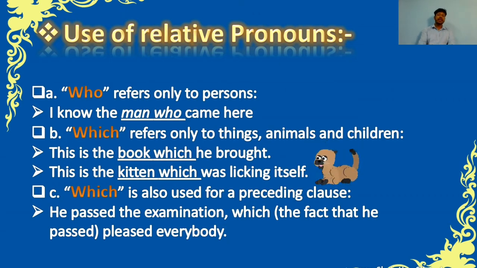So here, he passed the examination is a clause, but it is used as a single expression, so that it is totally a fact. So the fact that he passed pleased everybody. Okay, so in this way we use which.